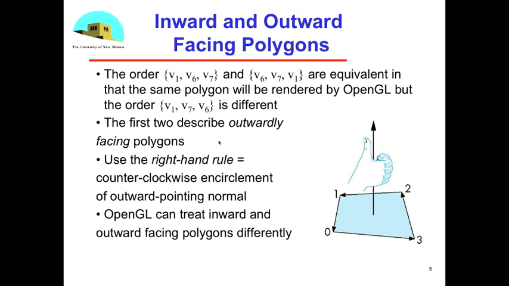Every polygon has 2 sides, and I want to make sure I render things in a consistent way because I have the potential in all versions of OpenGL of coloring or even not rendering the outward or the inward face. If an object is convex, you'll only see the outward pointing faces.